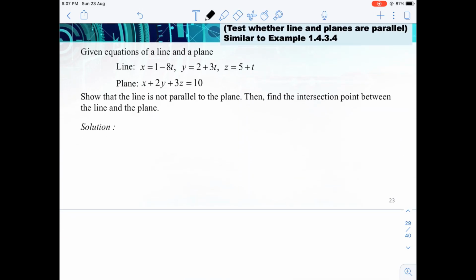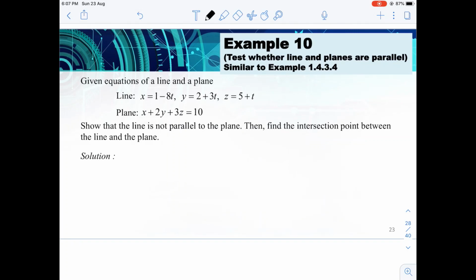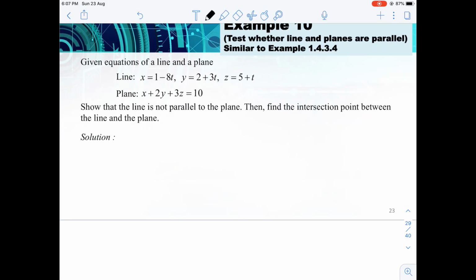Example 10, we need to test whether the line and plane are parallel. In this case, it is stated that the line and plane are not parallel, and then we need to find the point of intersection between the line and plane. What we should do here is, first, show that the line and plane are not parallel.